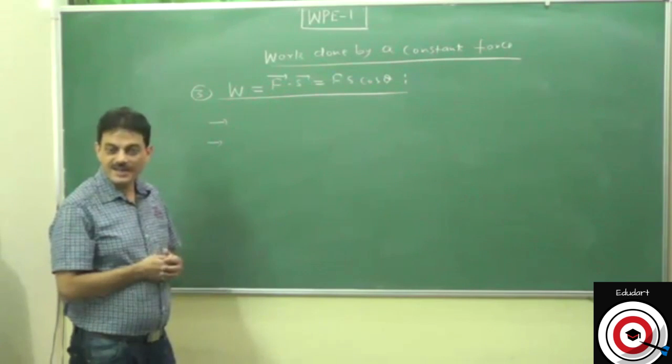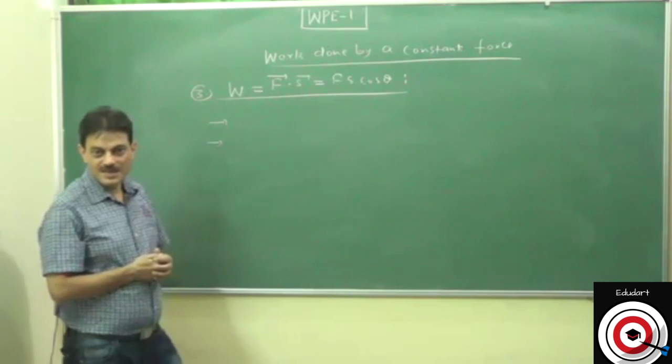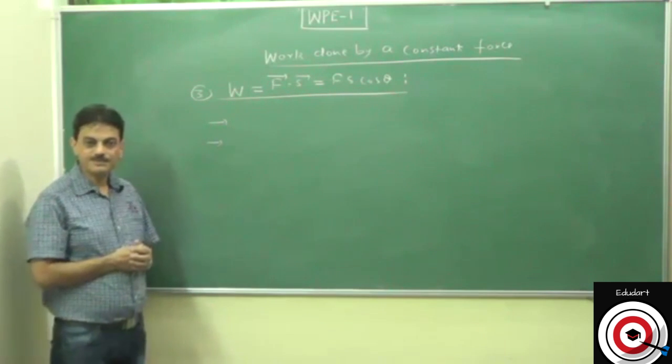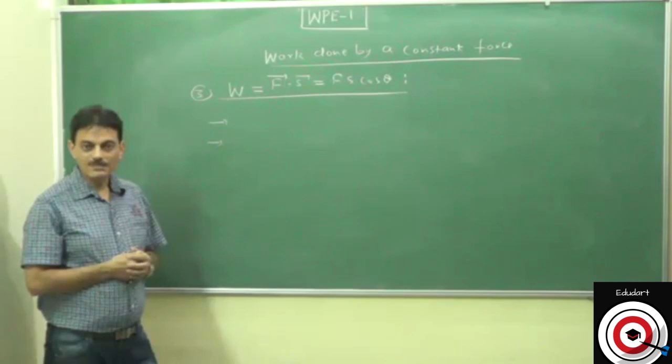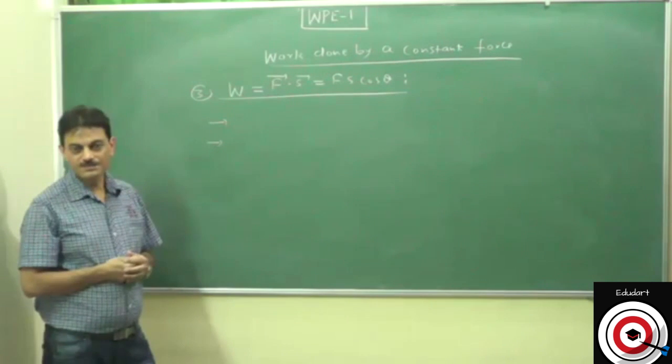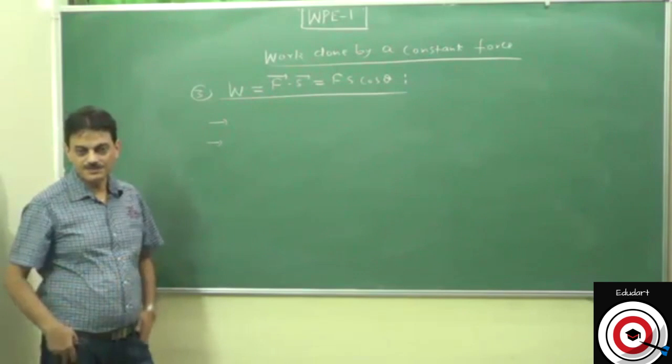If theta is 90 degree, then cos theta is 0, so work done is 0.